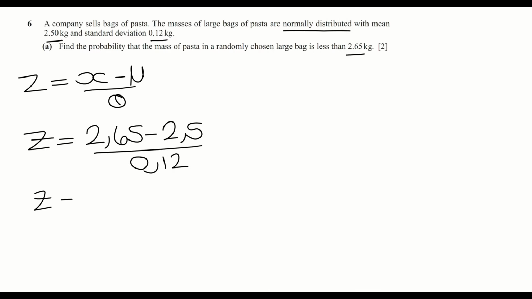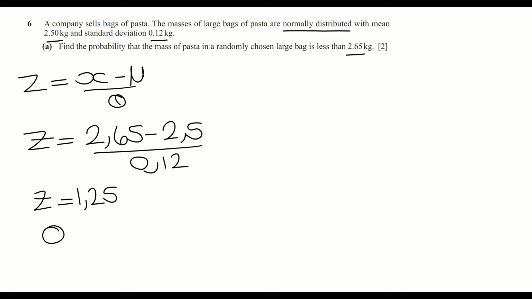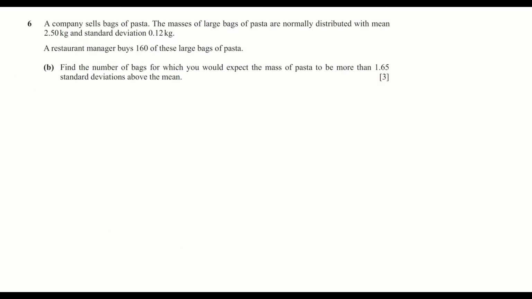So z is equal to 1,25. Now to find the probability, let's look at our distribution table. Z is 1,25. So we have 1,2 across to 5, and we get 0,8944. So the probability is equal to 0,8944.